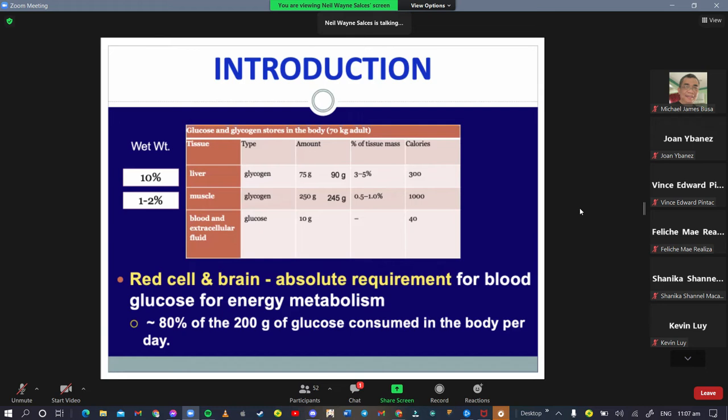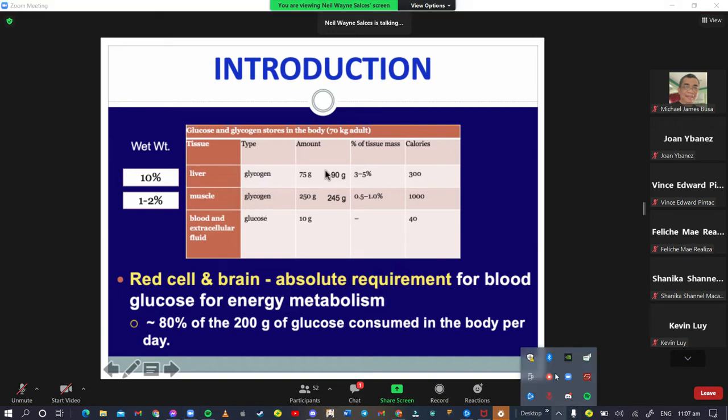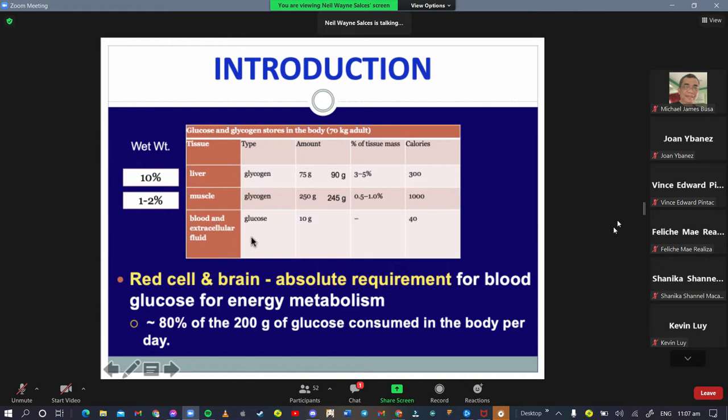In an adult of approximately 70 kilograms, the form of stored glucose used in both the liver and the muscle for metabolism is glycogen, while in the blood and extracellular fluid, you have your glucose stores.